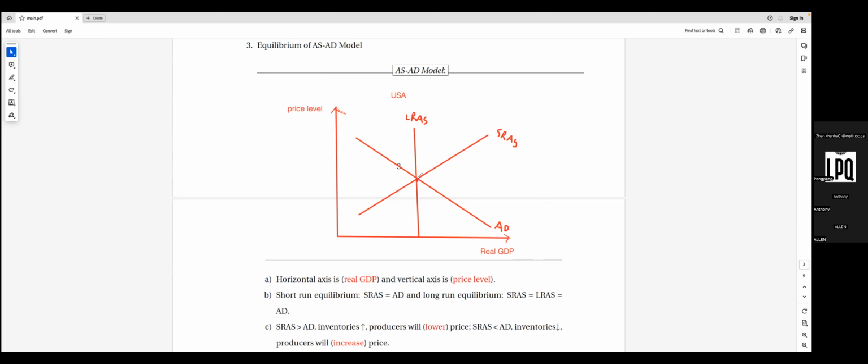The intersection of all three curves is called the long-run equilibrium. For example, we can label this one with a bigger E, where E means equilibrium. The intersection of the long-run AS and the horizontal axis can be called YF, and YF is called the potential GDP.